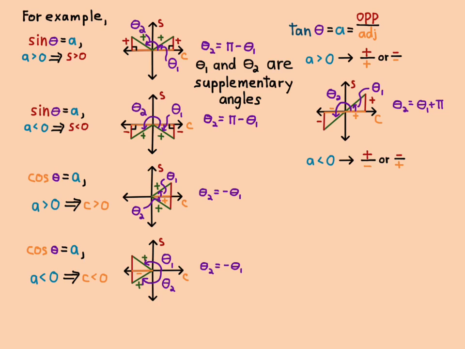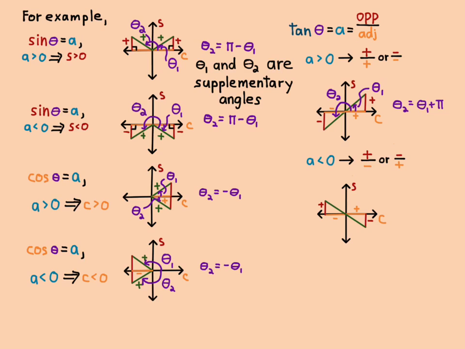Now if a is less than 0, then the opposite is positive and the adjacent is negative, or the opposite is negative and the adjacent is positive. In other words, they're opposite signs, and that gives you two triangles, one in quadrant 2 and one in quadrant 4.